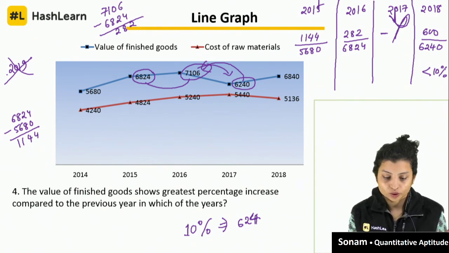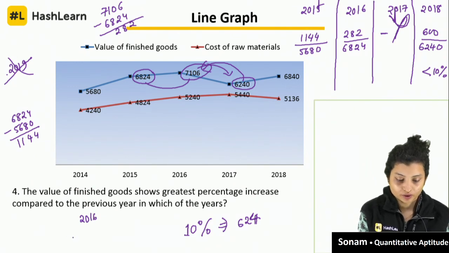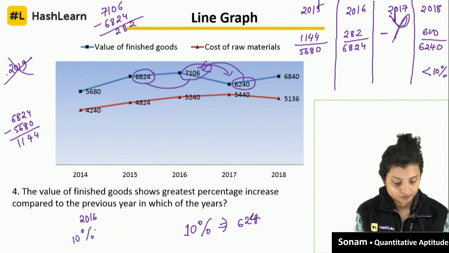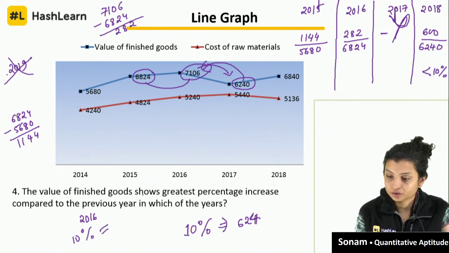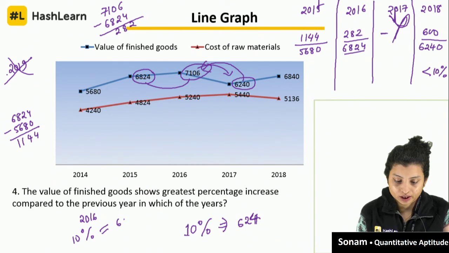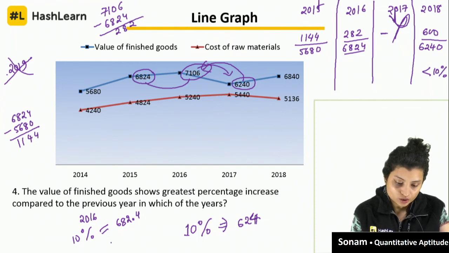Okay, let's do 2016. For this, what will be the 10% of the denominator? 10% of the denominator is 682.4. If this is your 10% of the denominator, what will be the 5% of the denominator?